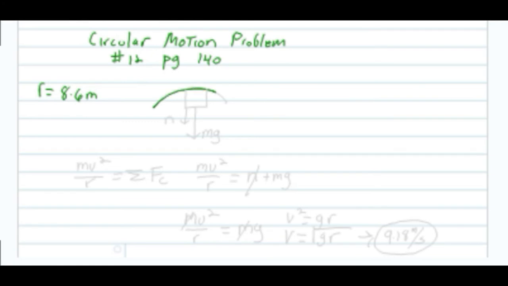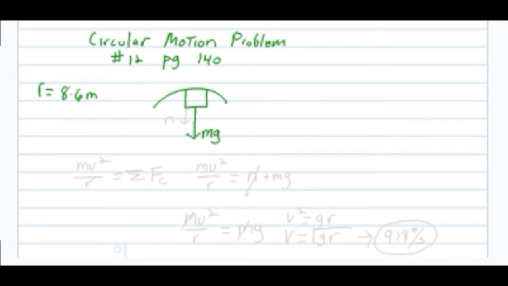So remember, whenever something's moving in a vertical circle, you want to draw a free body diagram of the object when it's at whatever point they're questioning in the problem. So it's at the top. We think about forces on the roller coaster car when it's at the top. Obviously, gravity is going to pull it down with the force mg.